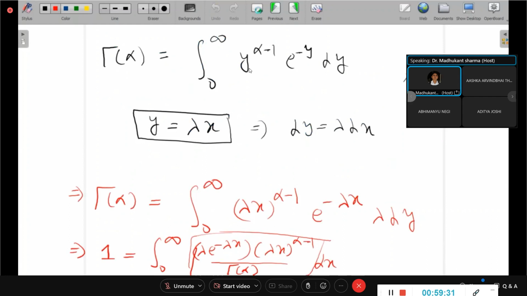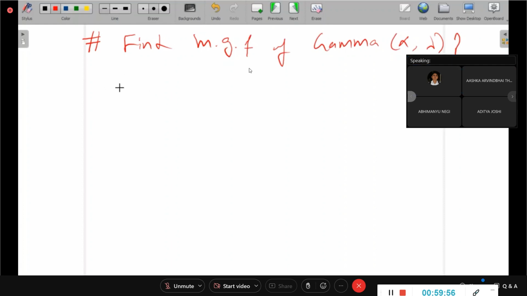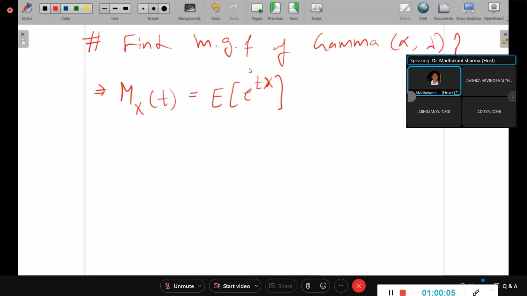Okay, now let me find the MGF of the gamma distribution with parameters alpha and lambda. So M_X of t is the expectation of e to the power tX. Again, you have to use everything carefully.